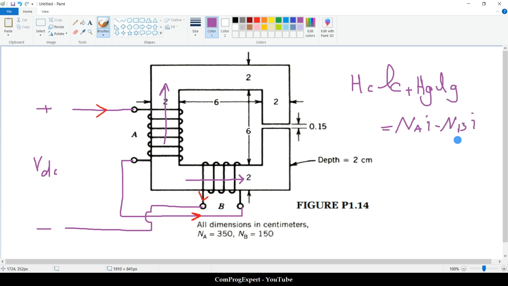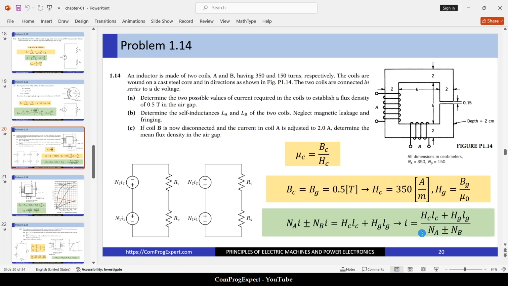So we can calculate the required current in this case. So here you can see, depending on the type of the connection, we have two possible values for the current to build up 0.5 Tesla in air gap.